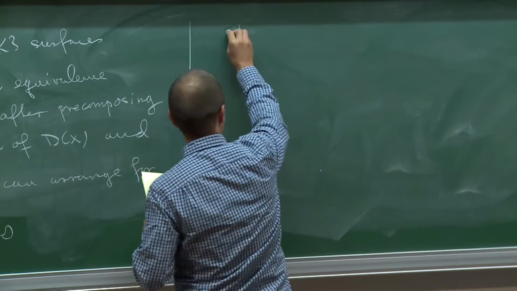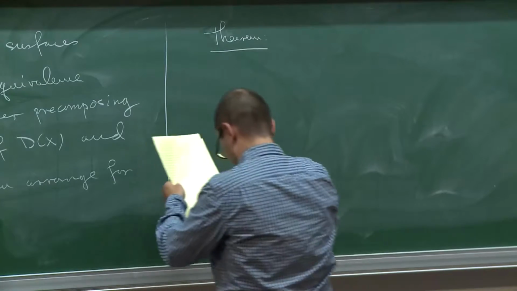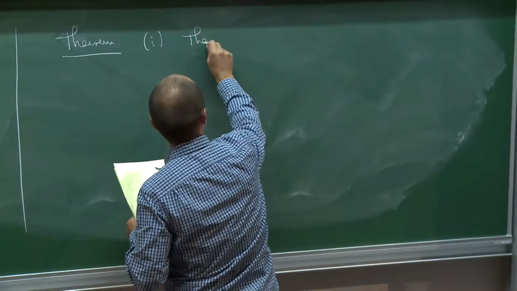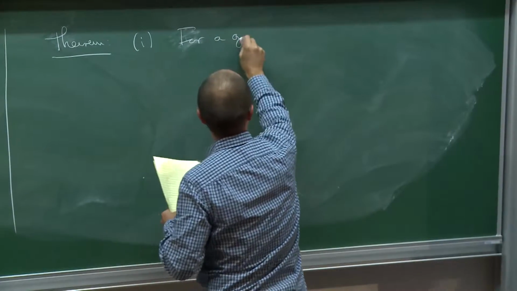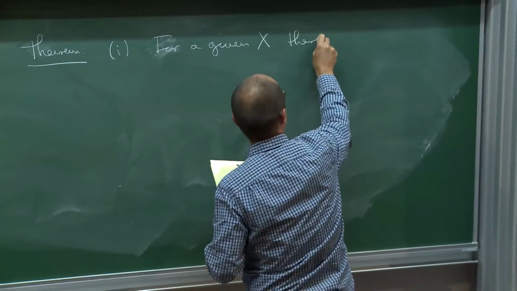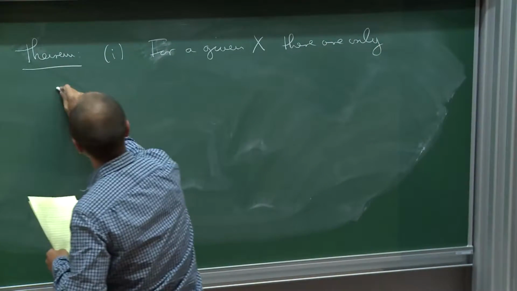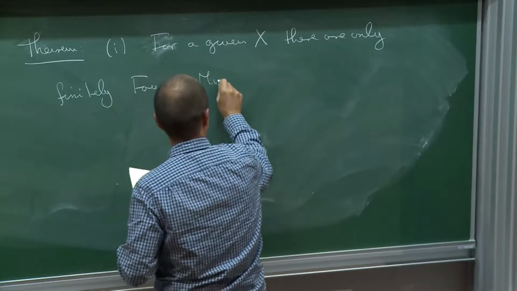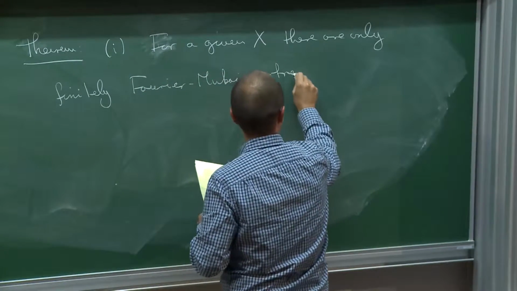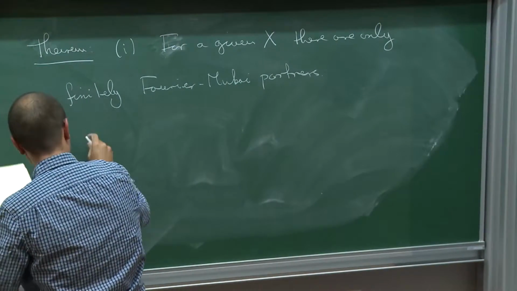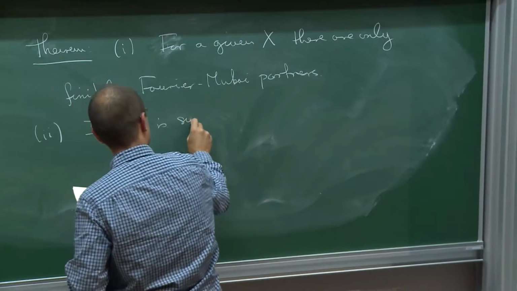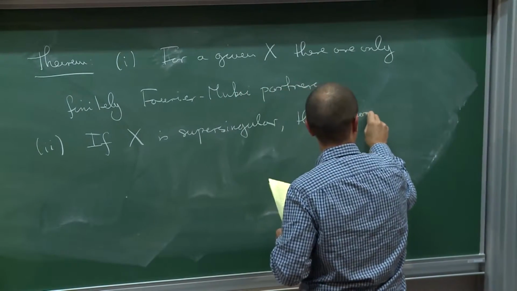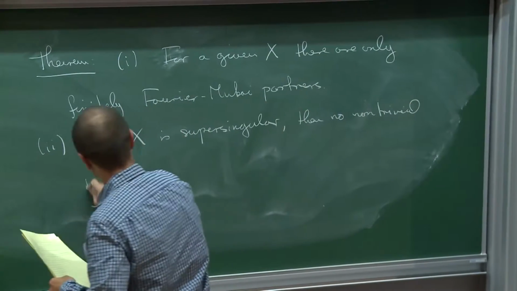All right, so let me state another theorem, which is more subtle: there are only finitely many Fourier-Mukai partners for given X. And two, if X is supersingular, so in positive characteristic, then no non-trivial Fourier-Mukai partners.